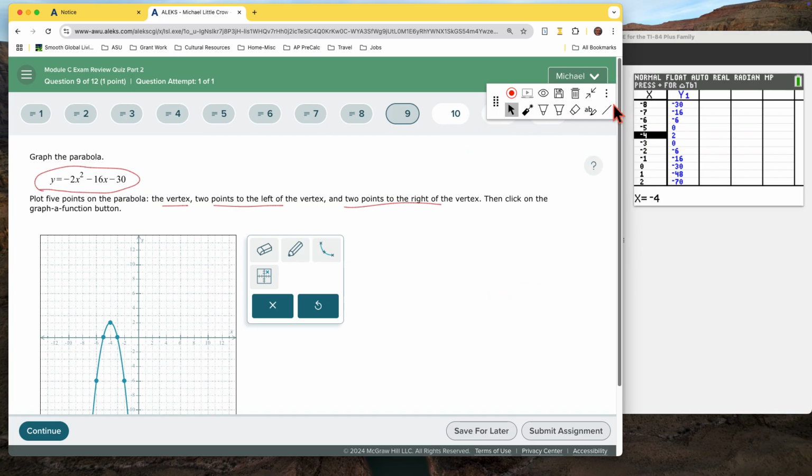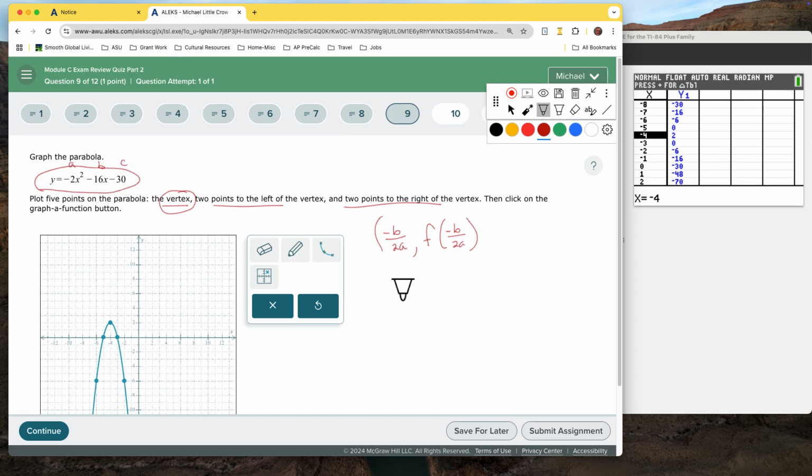Now, if I don't have a graphing calculator, what would I have to do? Well, then I have to go back and find the vertex, knowing that the x-coordinate of the vertex is minus b over 2a, and the y-coordinate is going to be f of minus b over 2a. So I first have to find the x-coordinate. Remember, the number in front of the x squared is the a, the number in front of the x is b, the number by itself is c.